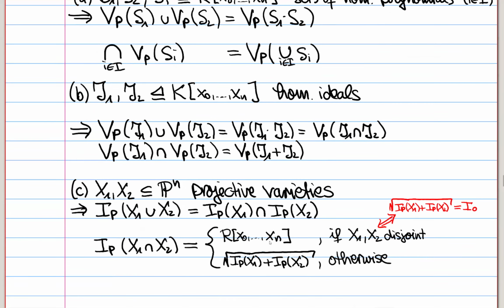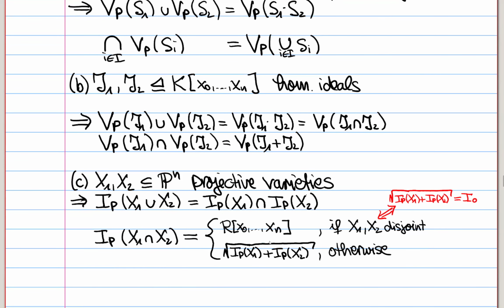So that was one direction. And then in the other direction, if you start with projective varieties, the ideal of their union is the intersection of their corresponding ideals. And then the one slightly tricky one is the ideal of the intersection, where you distinguish two cases. If the sets are disjoint, then the intersection is the empty set, and the ideal gives the full ring.